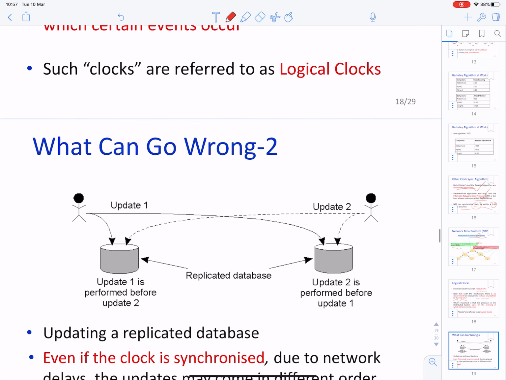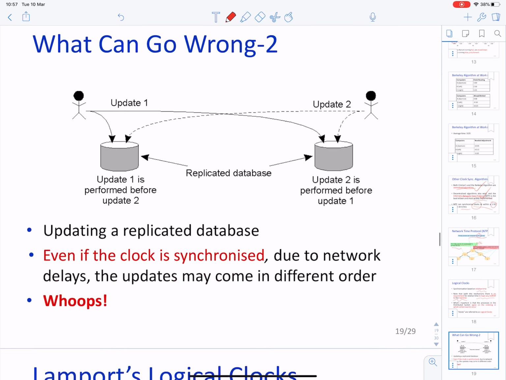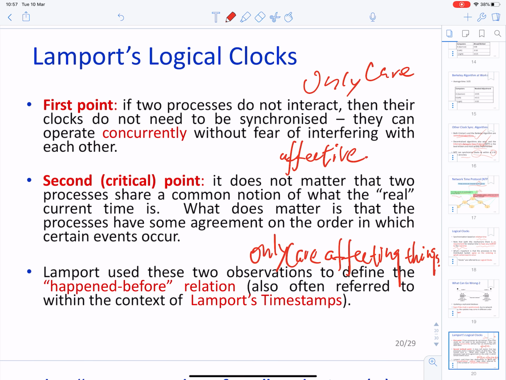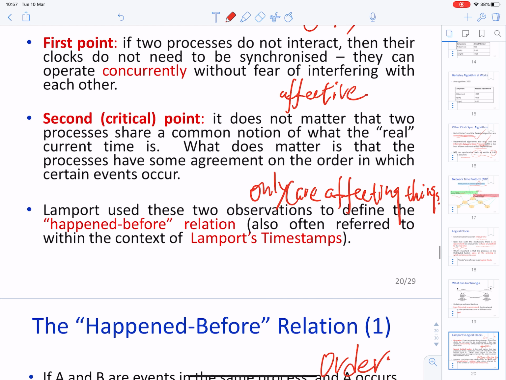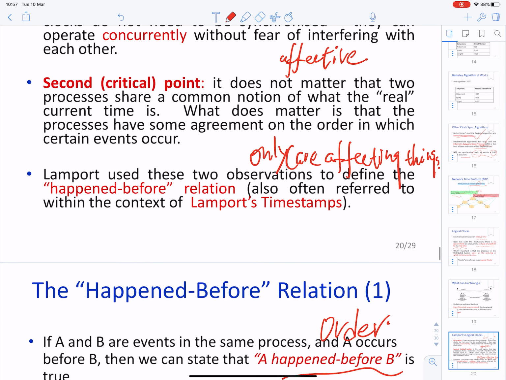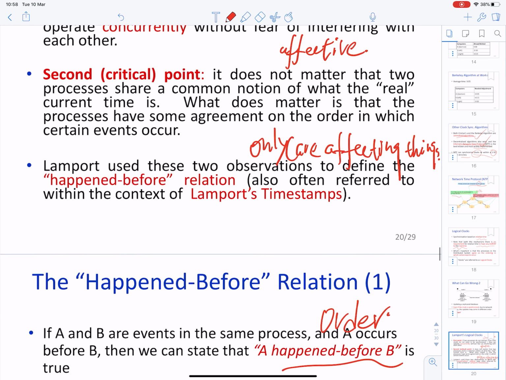Even if clocks are synchronized, due to network delays the updates may come in a different order. Therefore, we introduce Lamport logical clocks. The first point is that if two processes do not interact, then their clocks do not need to be synchronized. They can operate concurrently without fear of interacting with each other.